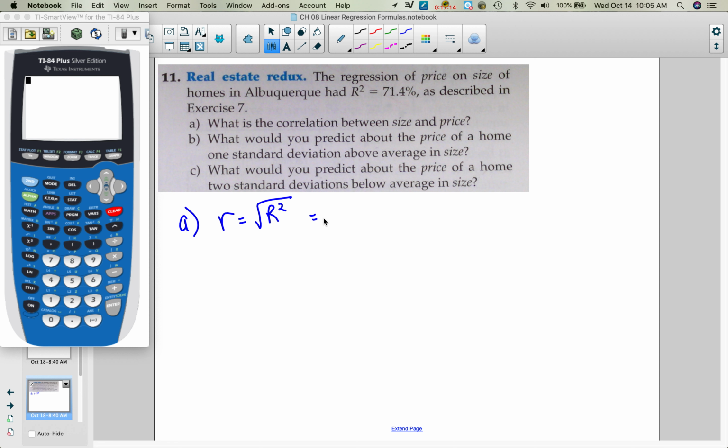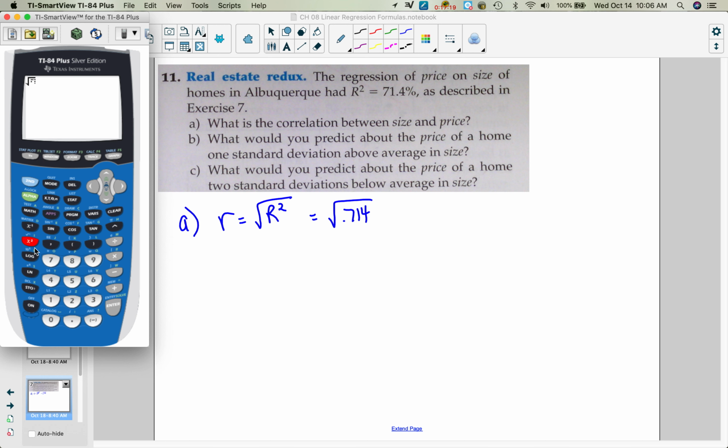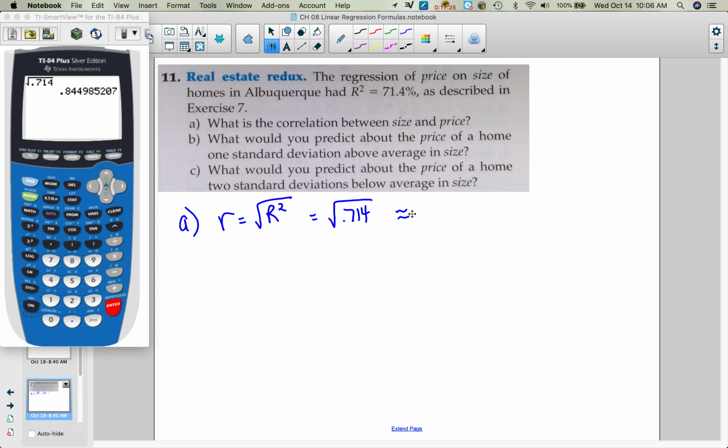So we want the square root of 0.714 and I get 0.844. We'll just go 0.84. That's fine. Okay, so there we go.